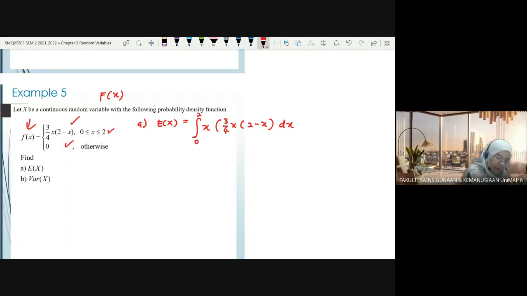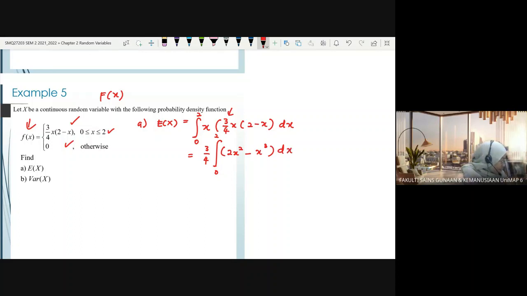Now in order to find this, you can simplify. Simplest way, you can take out the coefficient value. So this will be 3 over 4, from 0 until 2, and you will get x multiplied with 2, which is 2x squared, minus x multiplied with x squared, x cubed, dx.